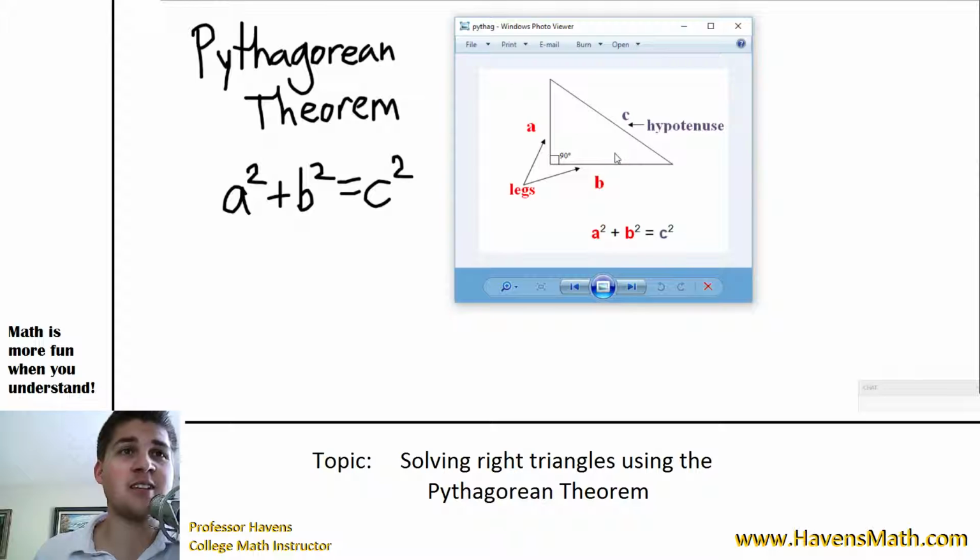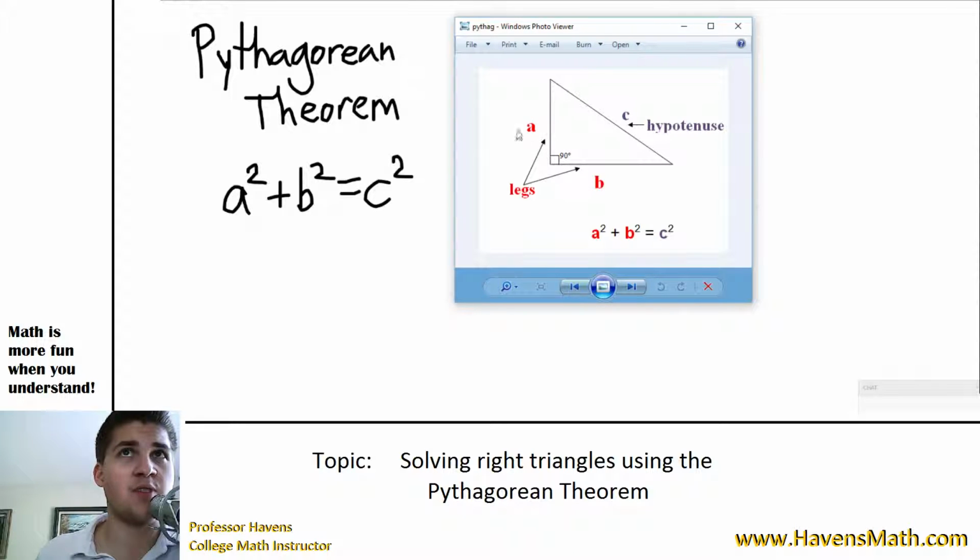So here, let me explain how it works. The theorem goes: a squared plus b squared is equal to c squared, meaning that if you take one leg of the triangle, essentially this side a, whatever the length of this side would be, say 5 or 10, whatever it is, if you square that, you add it to this side over here, b squared. So let's say that this was 5 and this was 6.